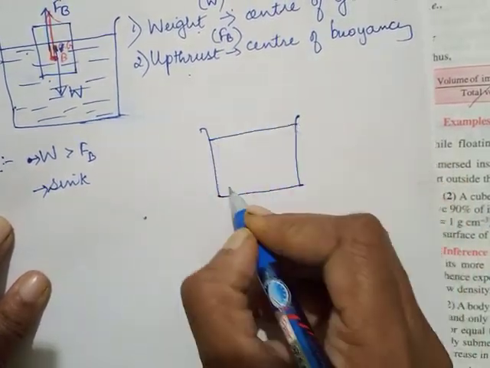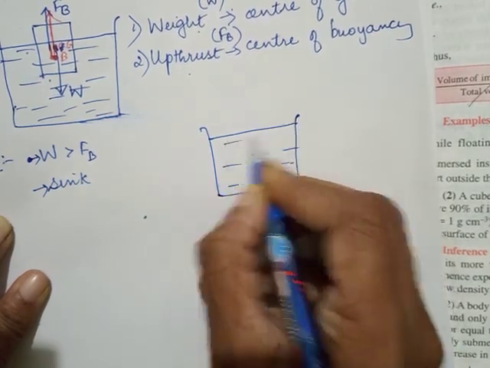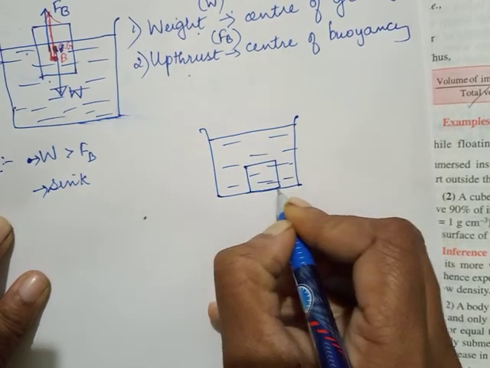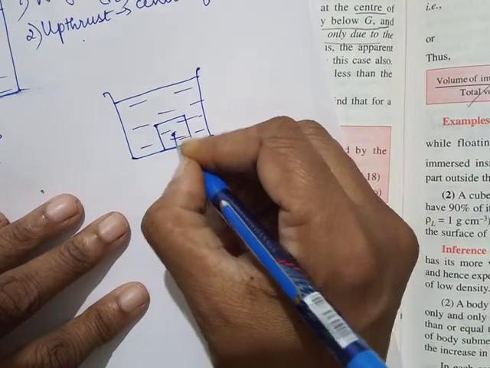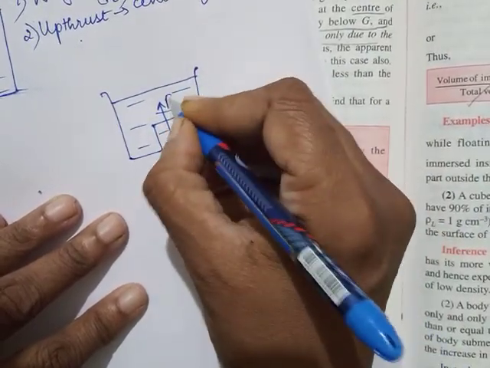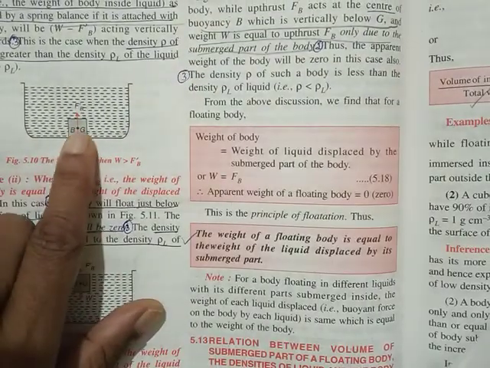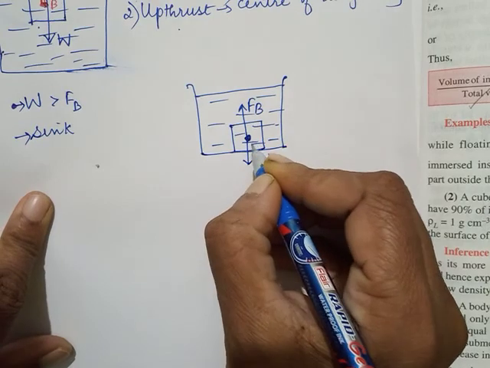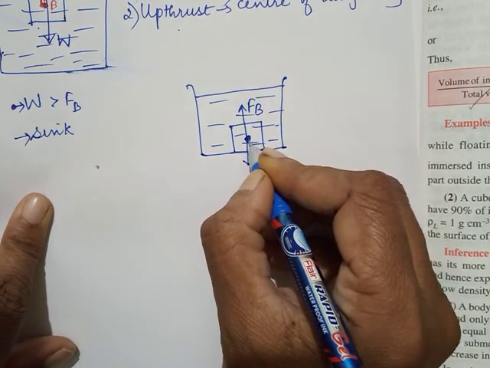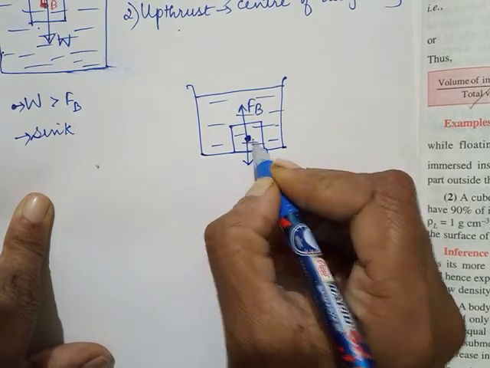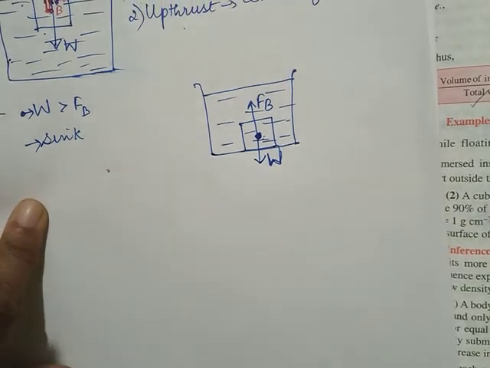In your diagram you have to show the body completely inside water, and weight and upthrust both will act from the same point. Center of gravity and center of buoyancy both will be the same point here.